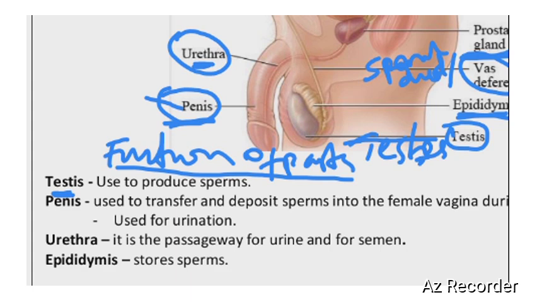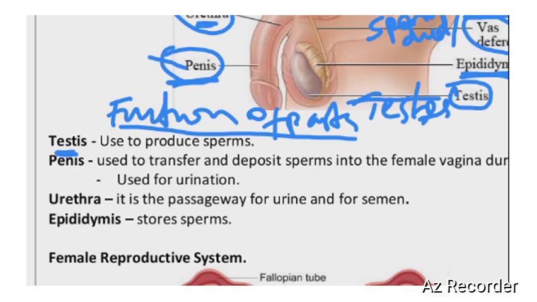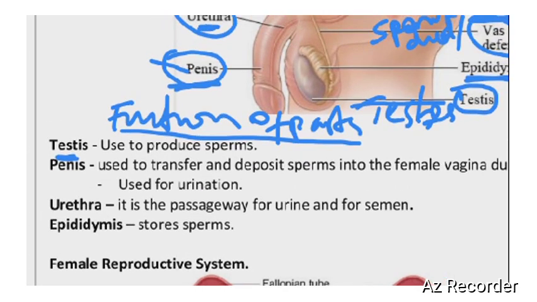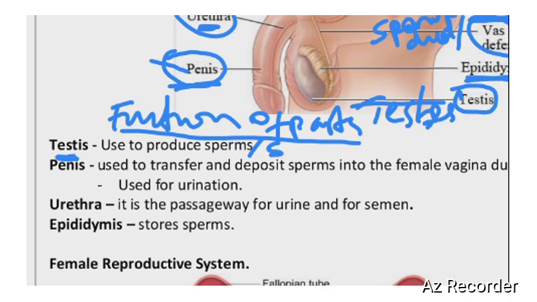Its main function is to produce sperm, or sometimes people call it semen, and hormones. So the main function of the testis is to produce sperms and hormones. And for hormones here, we are talking about the male hormone, which is testosterone.